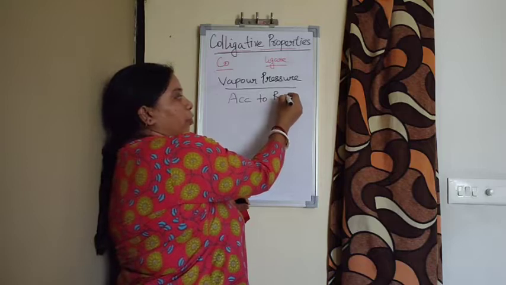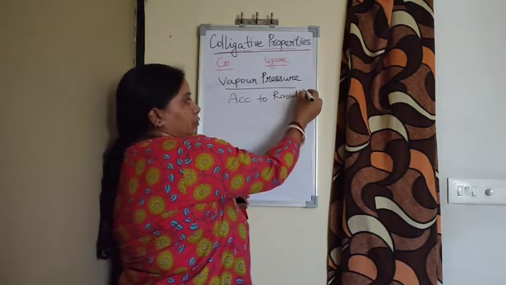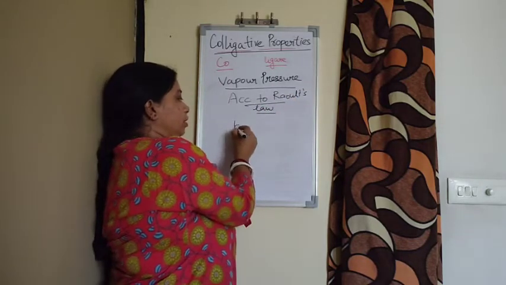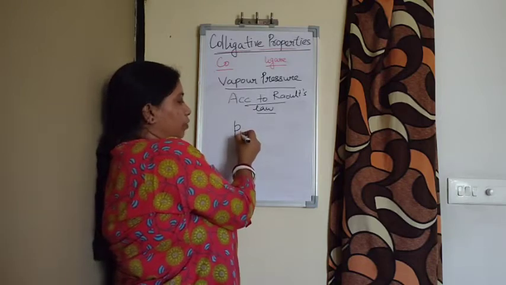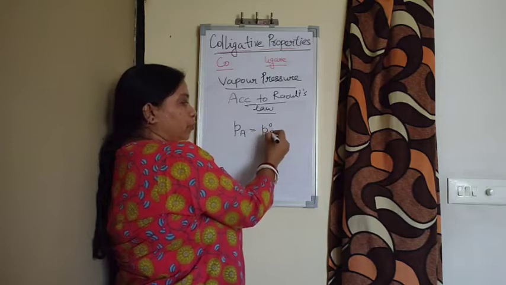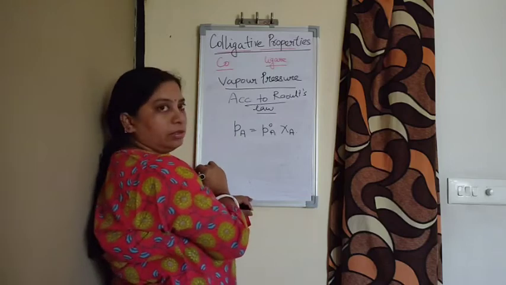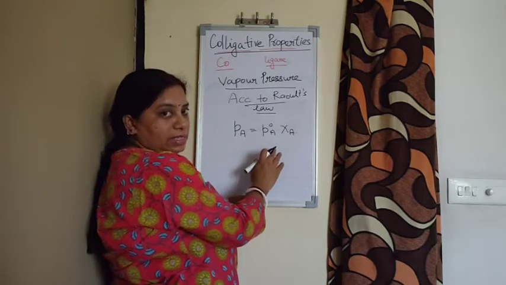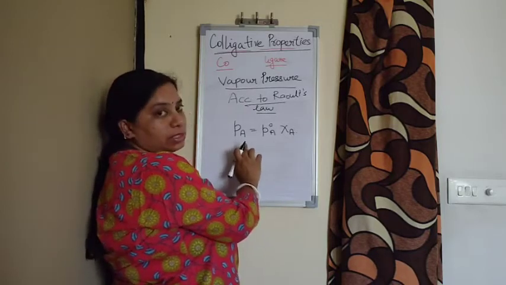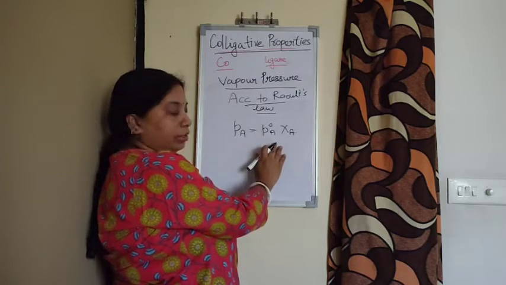Now according to Raoult's law, which we have studied, the vapor pressure of component A is equal to the vapor pressure of pure component A into the mole fraction of A. Because the solute is non-volatile, this vapor pressure will be purely of the solvent only.